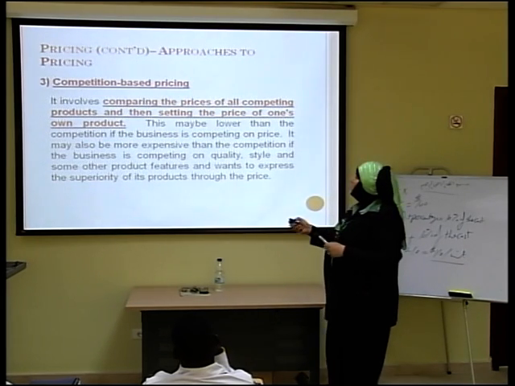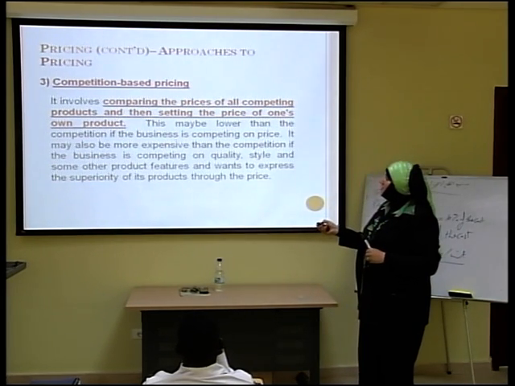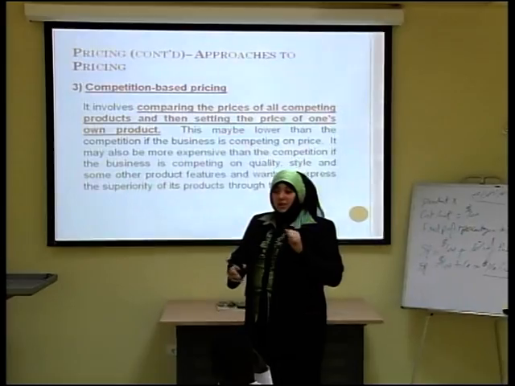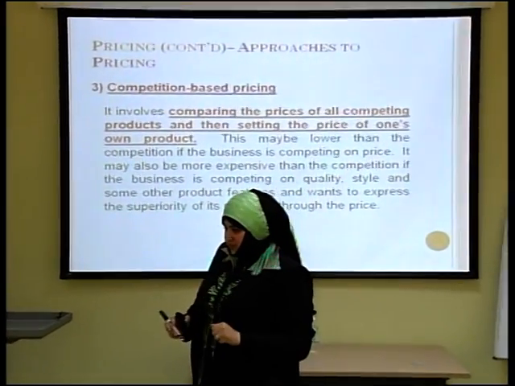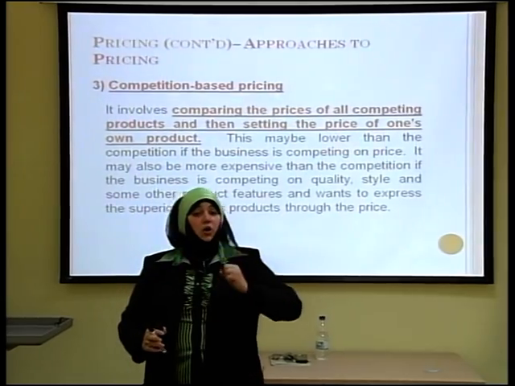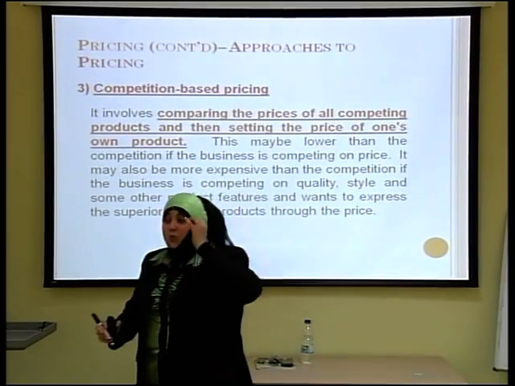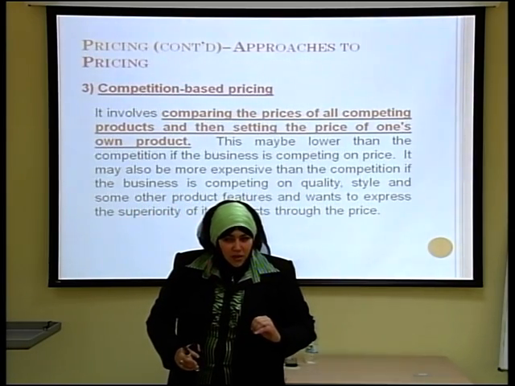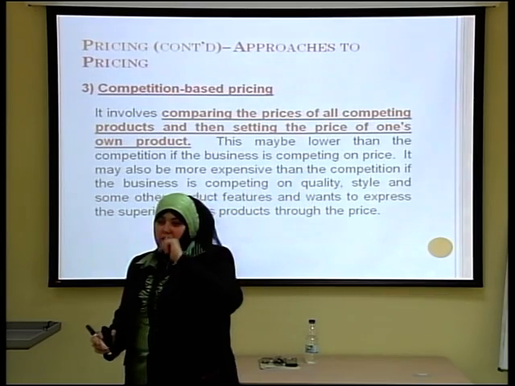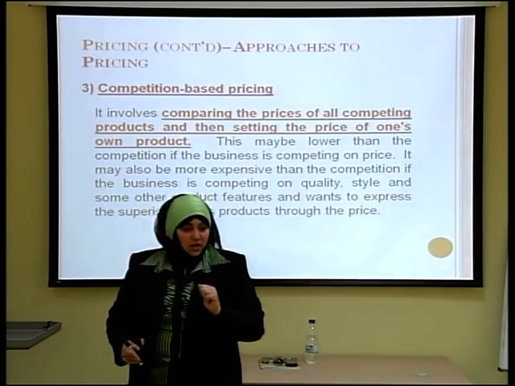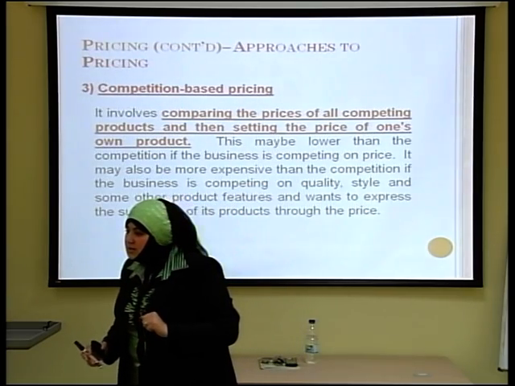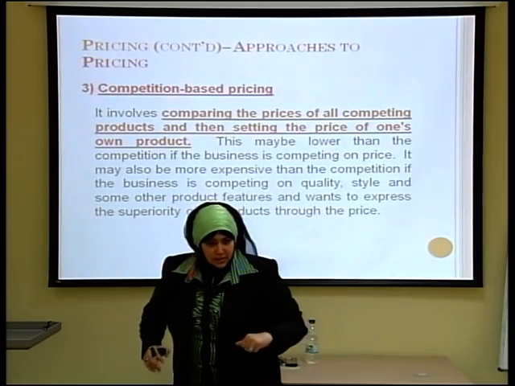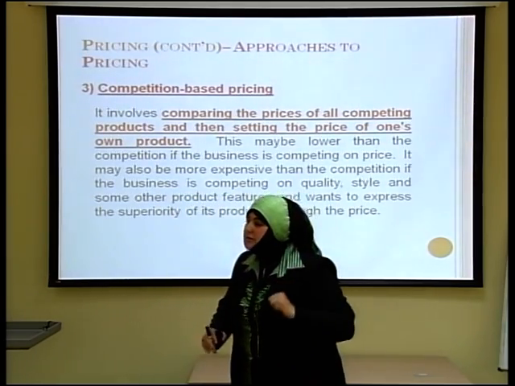Okay? All right. This may be lower than the competition if the business is competing on price. Now, we have some businesses competing on price, and some other businesses competing on other factors. If the business is competing on price, then they will try to offer the product at a lower price than the competitors' ones to compete. So, okay, the competitor offers the product at $107, I will offer it at $104, because they compete based on price. But some other companies compete based on what? On quality.